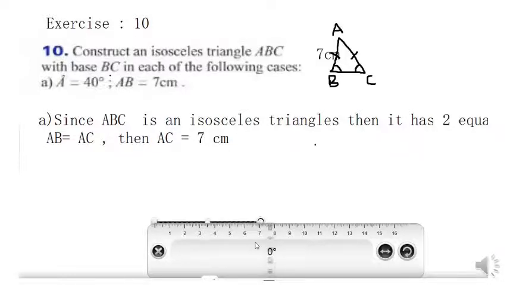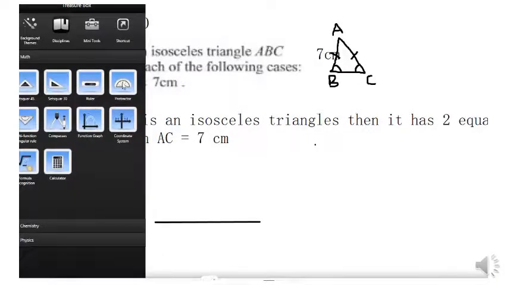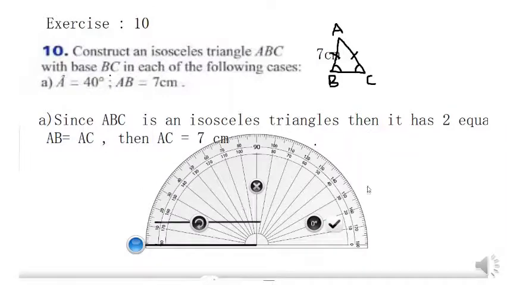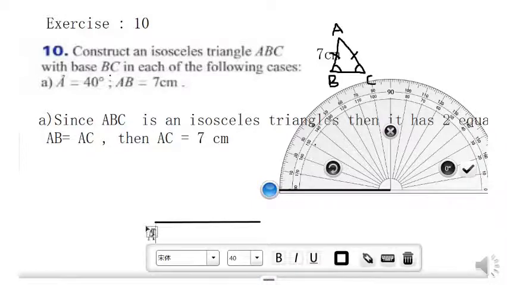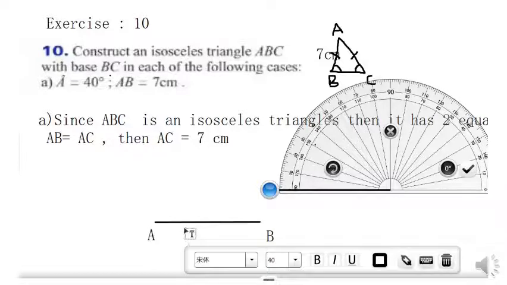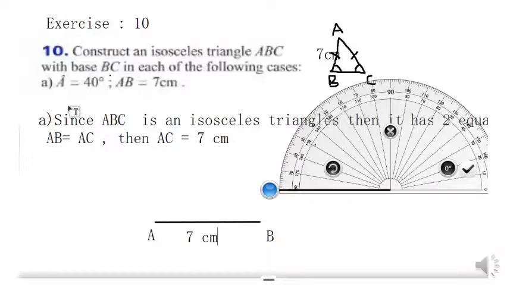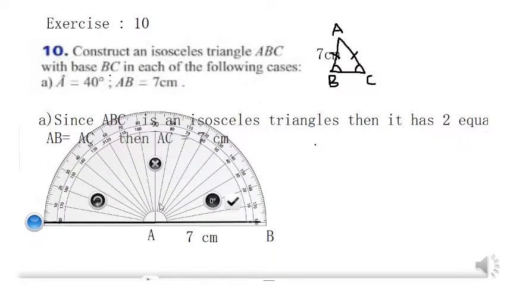I start from 0. Then I have to use the protractor, but before, let me name the side. This is side AB of length 7 centimeters. Put the protractor on the vertex A, which is equal to 40 degrees. Line it up correctly.